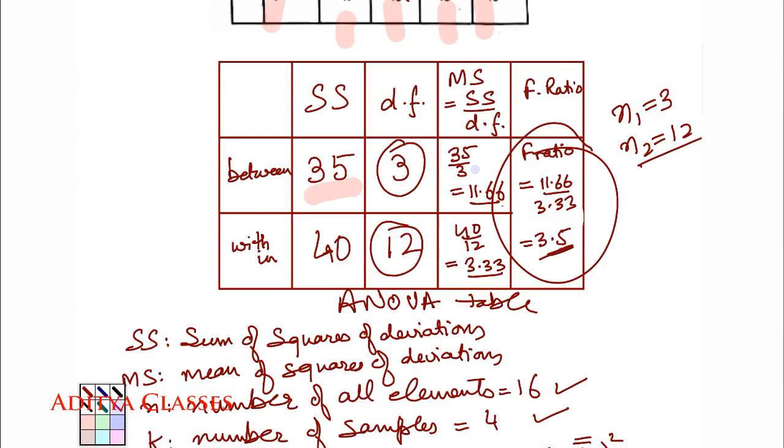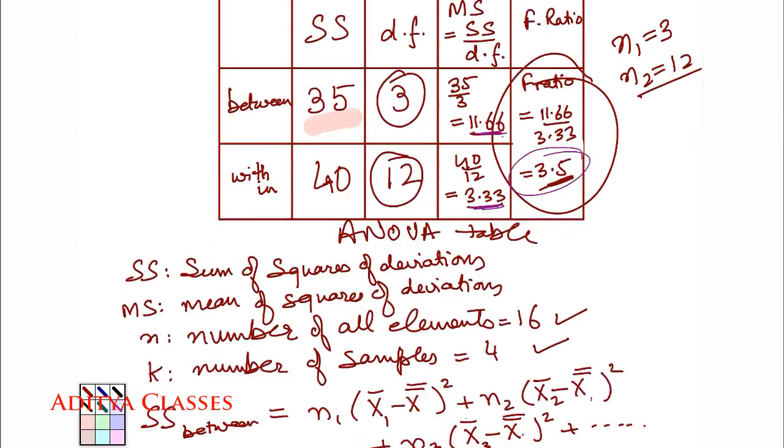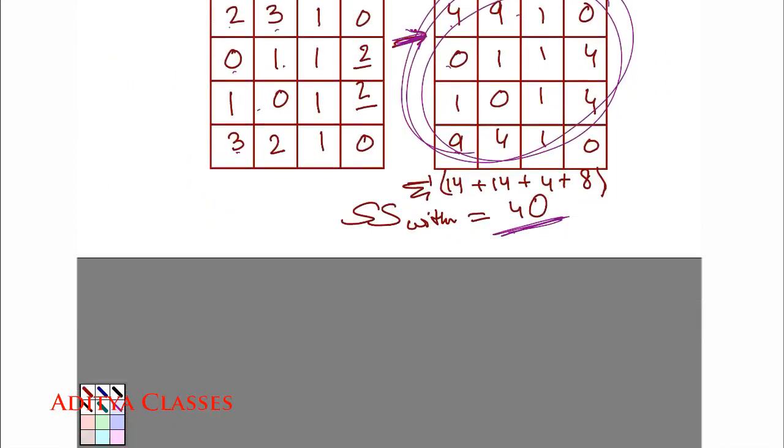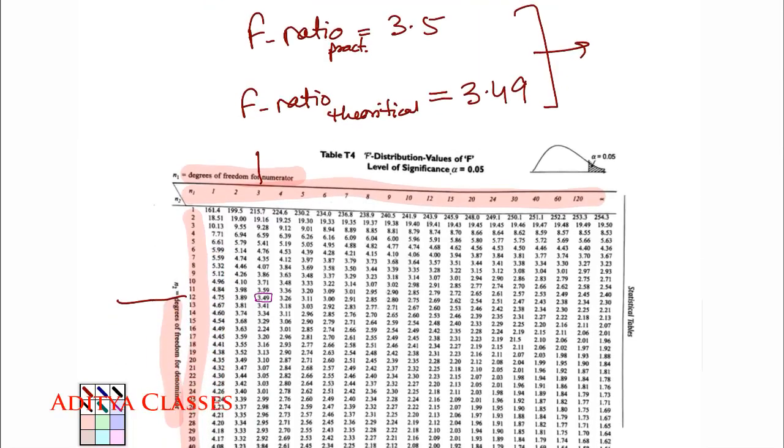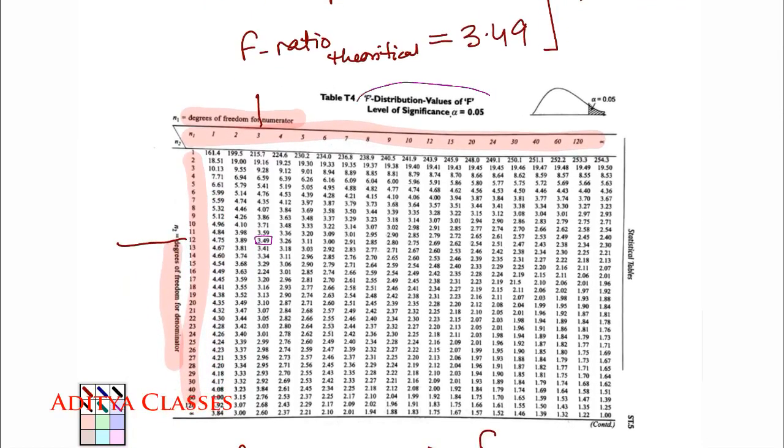And F ratio is MS between upon MS within, giving me a 3.5. So practical F was 3.5. I went on to check the theoretical F from F table. Here we have N1 and N2.